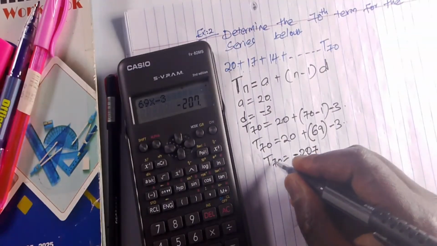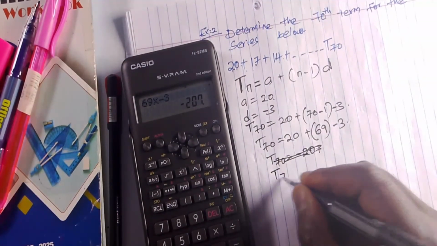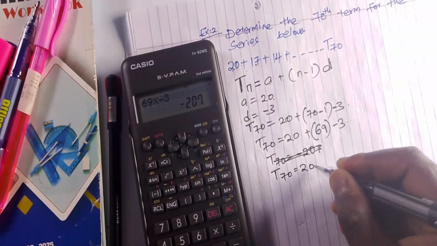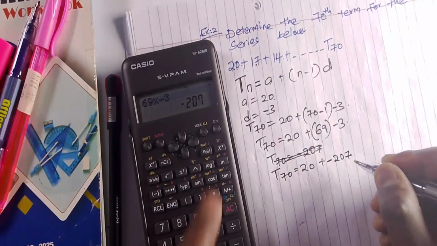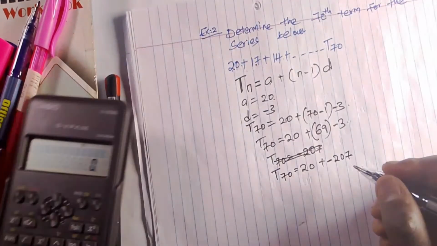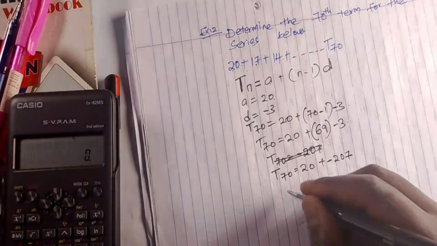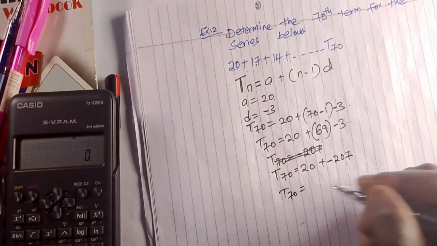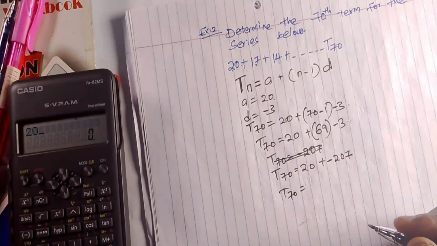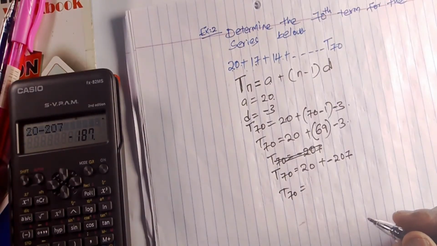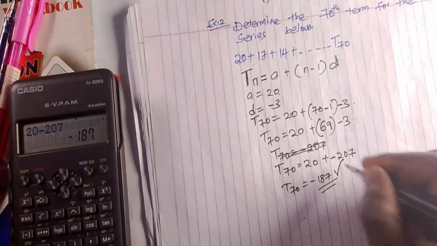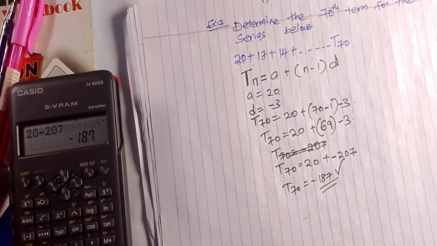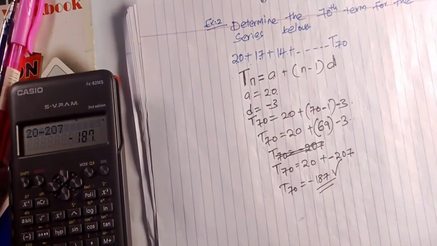So T70 is equal to 20 plus negative 207. And by having that, we can now subtract. Our T70 will be equal to 20 minus 207, which gives us negative 187.